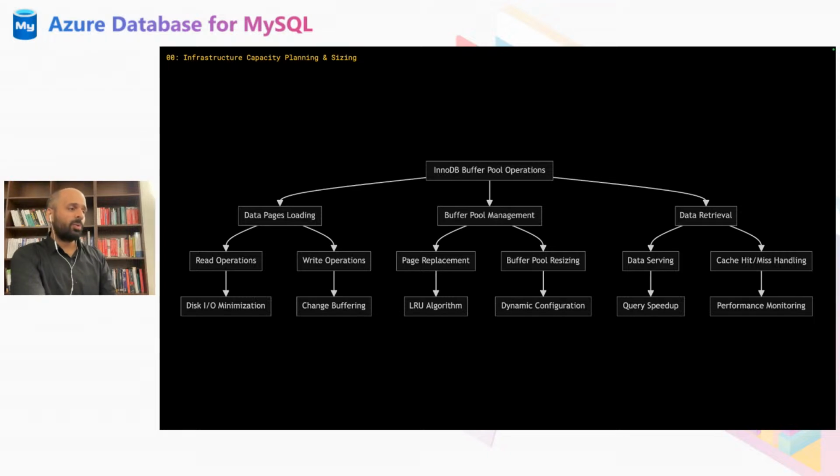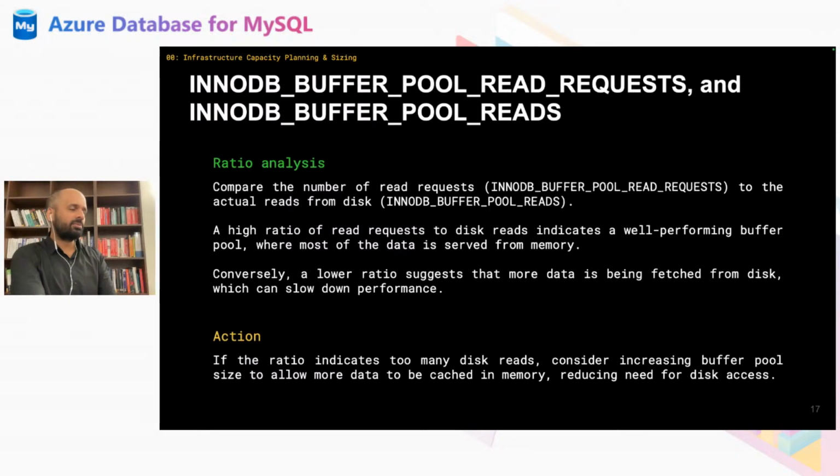So what I look forward to, Shreya, next slide, okay. What I always look for is how much of the data can be served from the RAM. Typically, I compare the read requests to the actual reads from the disk. A higher ratio of read requests to disk reads indicates that we have a well-performing buffer pool.